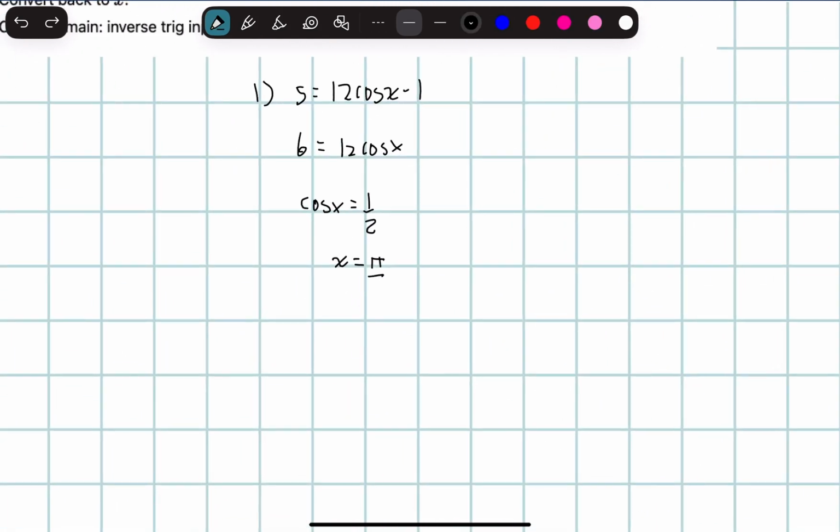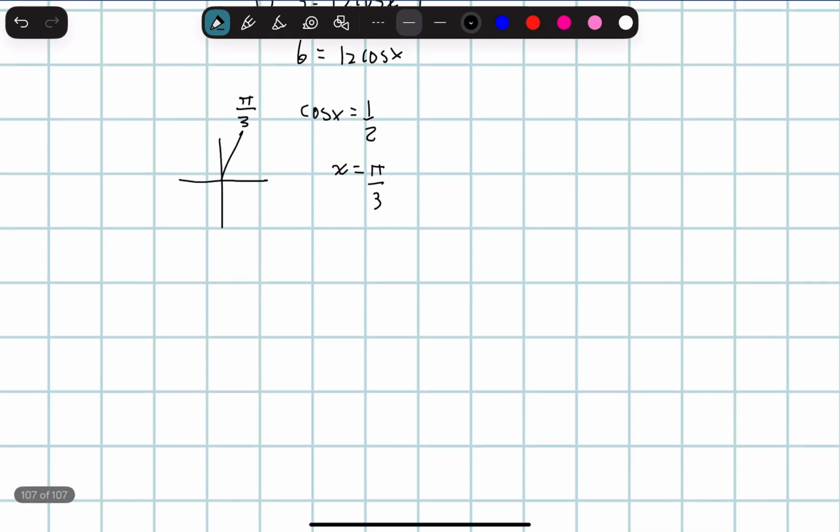So I guess we can draw that right here. At 60 degrees.